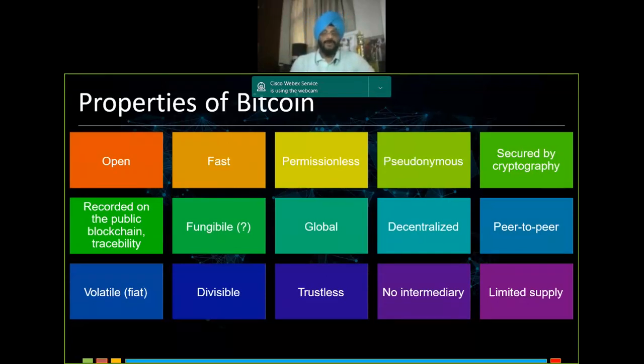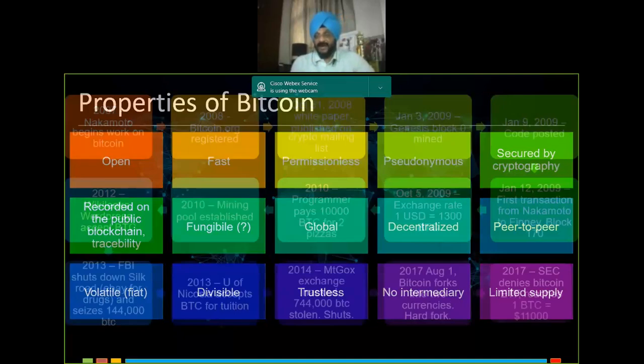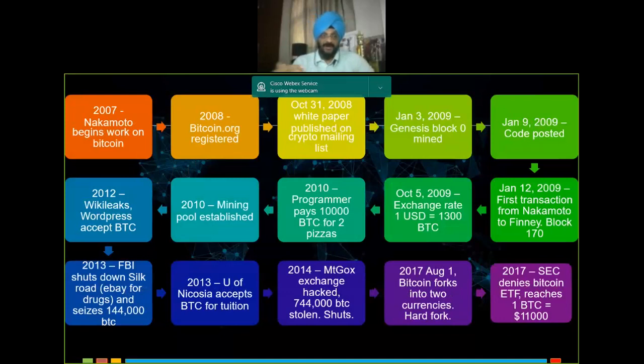Right. So this is the kind of timeline of how Bitcoin has emerged. Nakamoto began working on the paper. Nobody knows whether it's a group of people or an individual. Bitcoin.org was registered in 2008. The 2008 white paper was published on a crypto mailing list. On January 3rd, the Genesis block was mined. The Genesis block is the first block in the complete Bitcoin chain, so that is the first time they had mined.